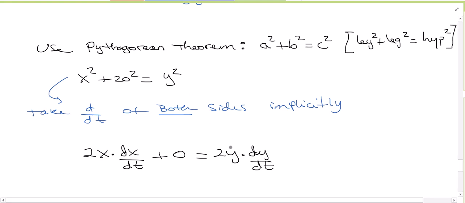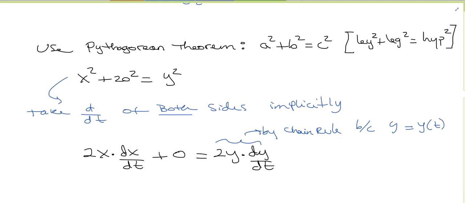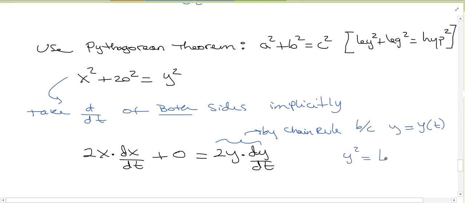And just to review this again, this is by the chain rule because y is a function of t, right, y equals y of t. And so when I have y squared, that's really y of t squared.